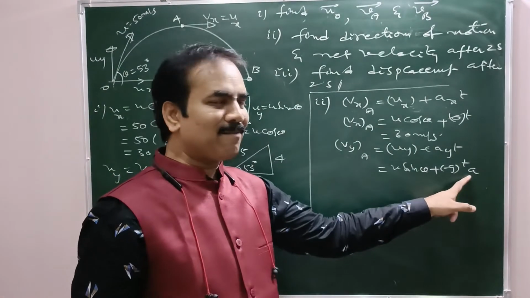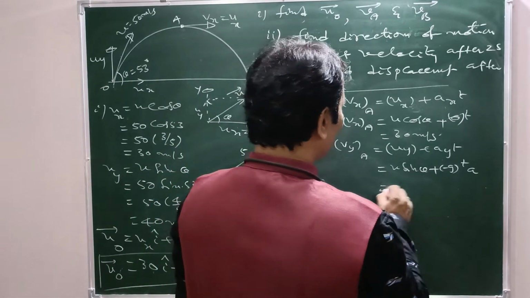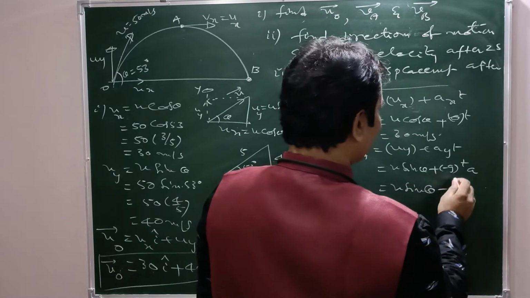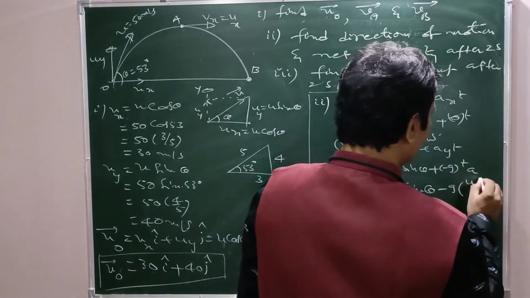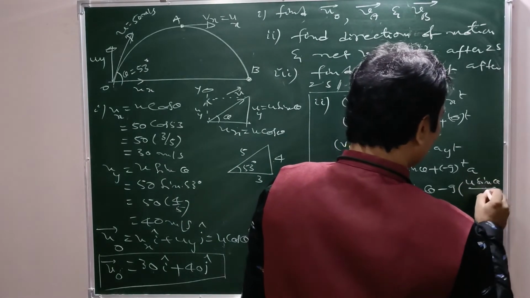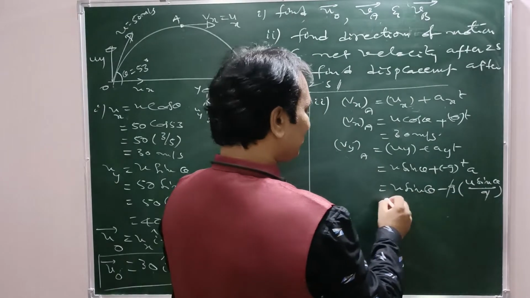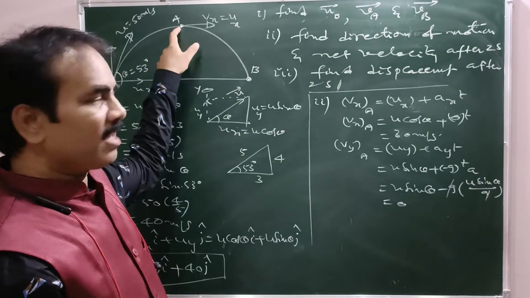What is the expression for time of ascent? u sin theta by g, which we already found in the previous session. So u sin theta minus g into u sin theta by g. The g cancels, and u sin theta minus u sin theta is 0. So the vertical component of velocity at the highest point is 0.